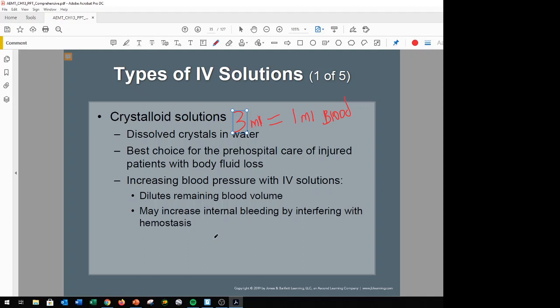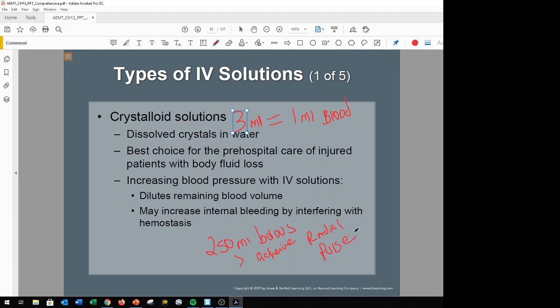Remember that it has 0 capacity to carry oxygen. What we usually do is give a 250 milliliter bolus or more, but we're just trying to achieve a radial pulse. We're not trying to get a great blood pressure here.